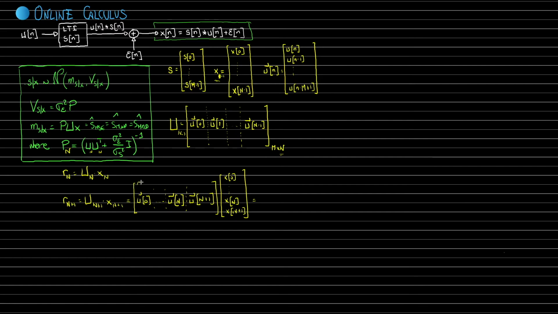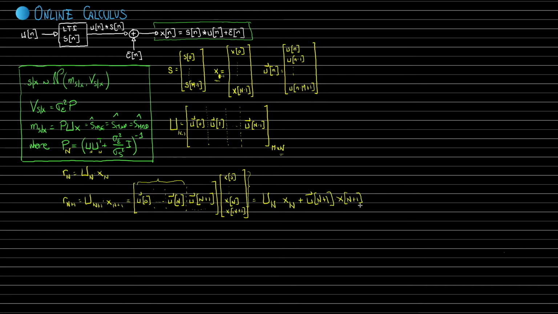So this is equal to the product of this block here times this block here, and this is exactly Un times xn, and we have to add the last term, which is un plus 1 times xn plus 1.